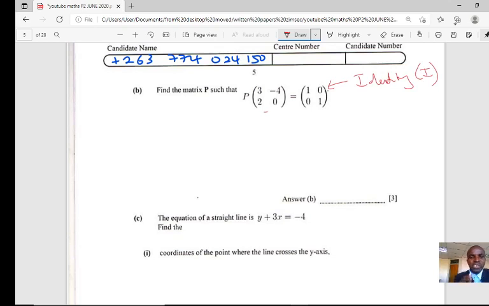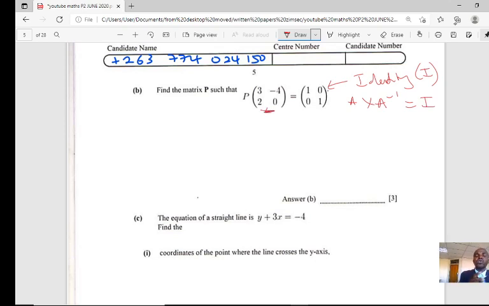There is a concept that you have to know and understand. It says a matrix times its inverse is equal to the identity matrix. If there's a matrix A times the inverse of A, then you get the identity matrix, which means the matrix P must be the inverse of this one.